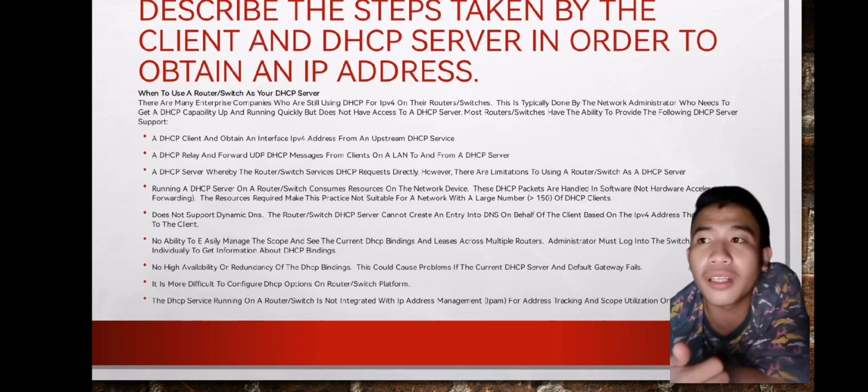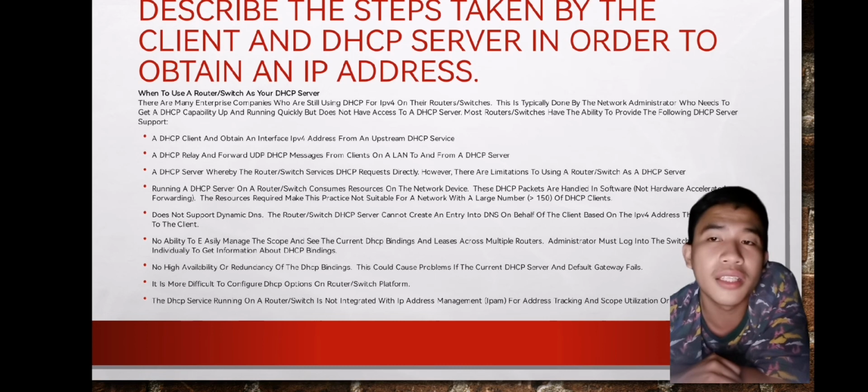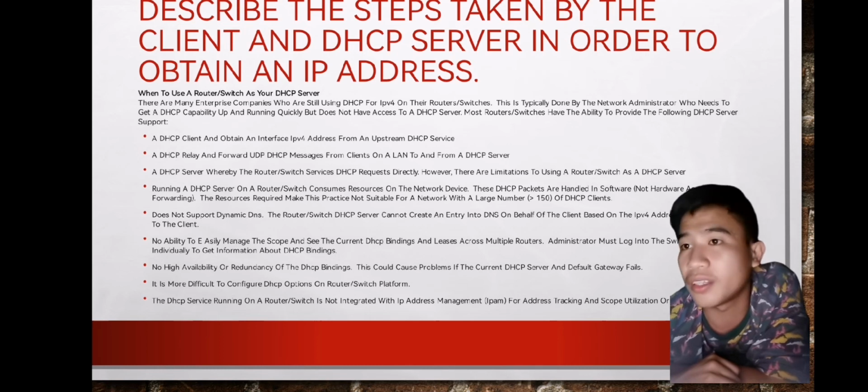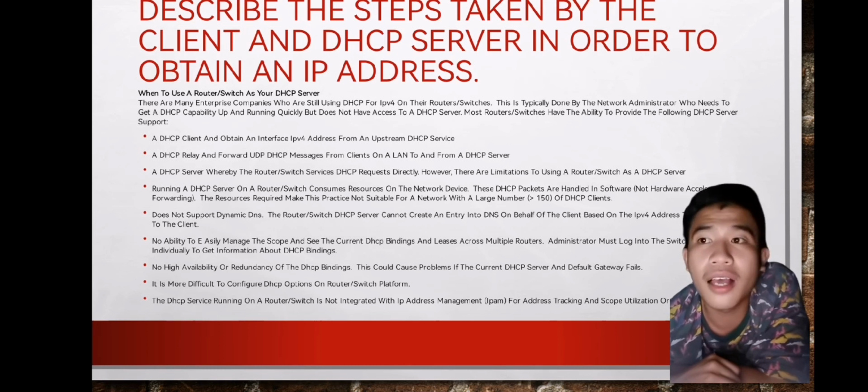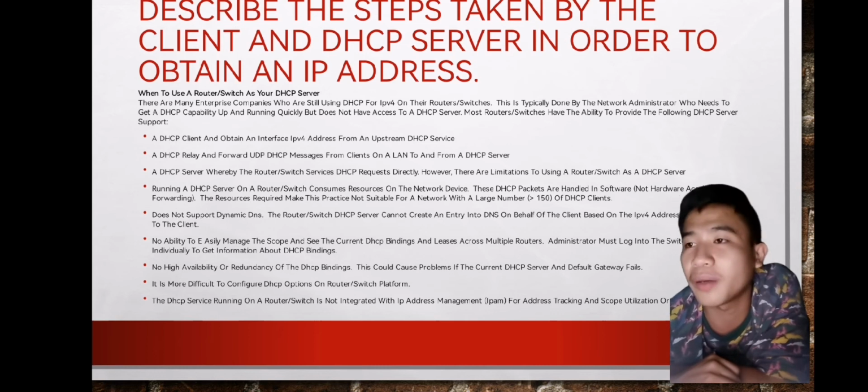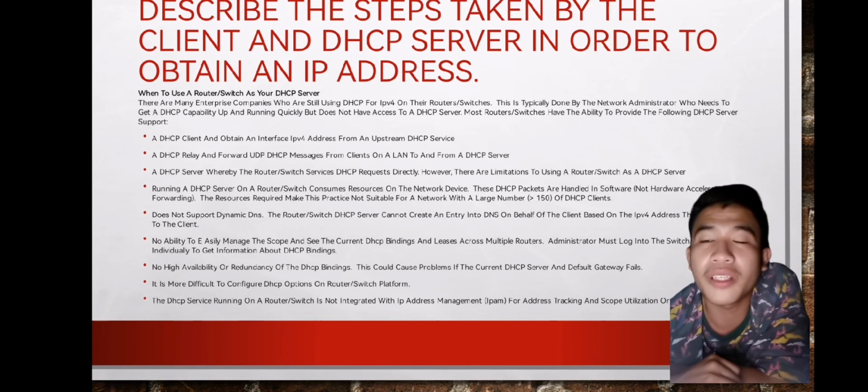This is typically done by a network administrator who needs to get a DHCP capability up and running quickly but doesn't have access to a DHCP server. Most routers have the ability to provide the following DHCP server support.